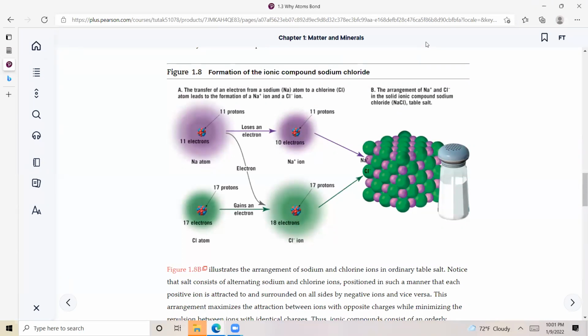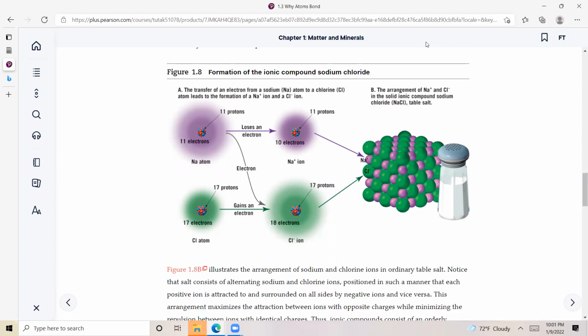And within this new arrangement, they actually create the table salt, sodium chloride, right? And sodium is now charged with a positive, and chloride will be charged with a negative ion.